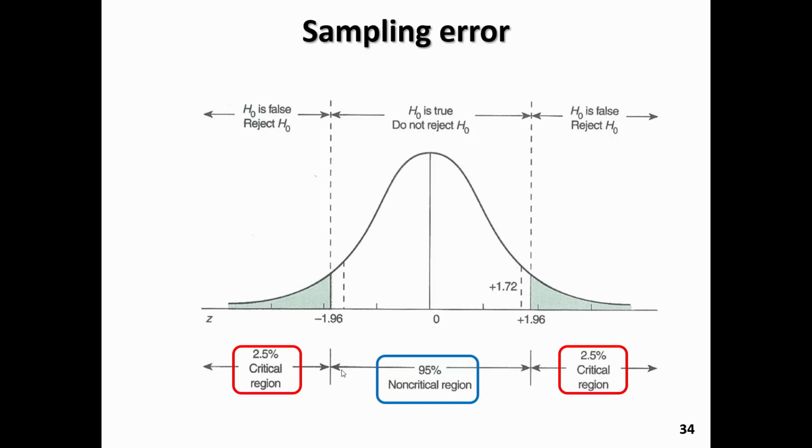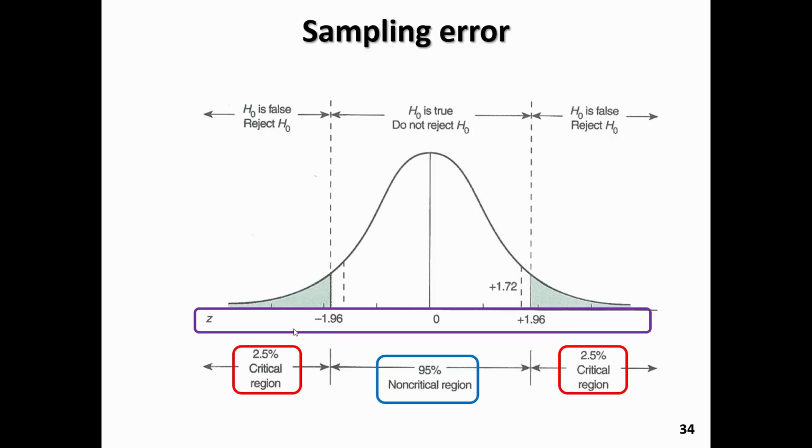Unless stated otherwise, we always consider the 95 versus 5% region. This is what we call a two-tailed test, where we consider both the positive tail and the negative tail. And because we are looking at the 95% non-critical region, the balance of 5% exists on both tails.